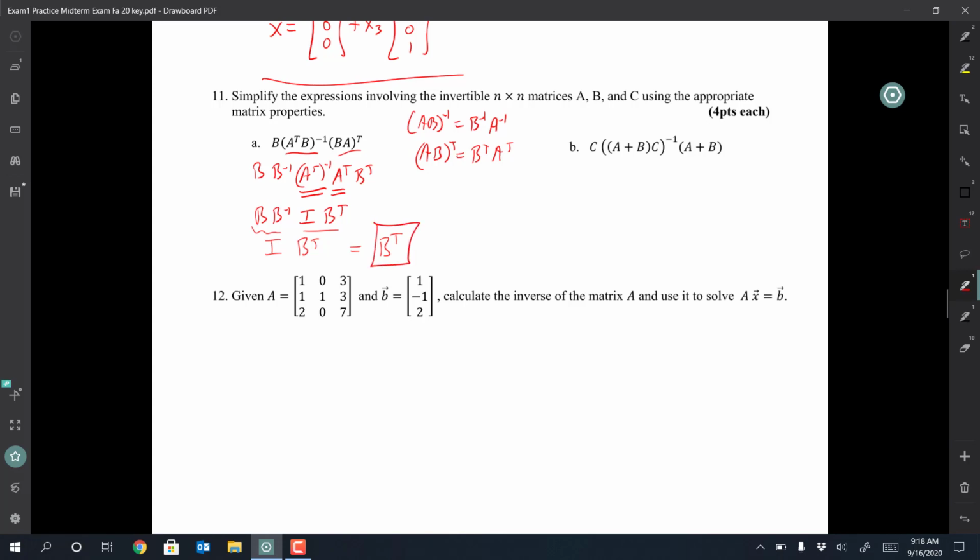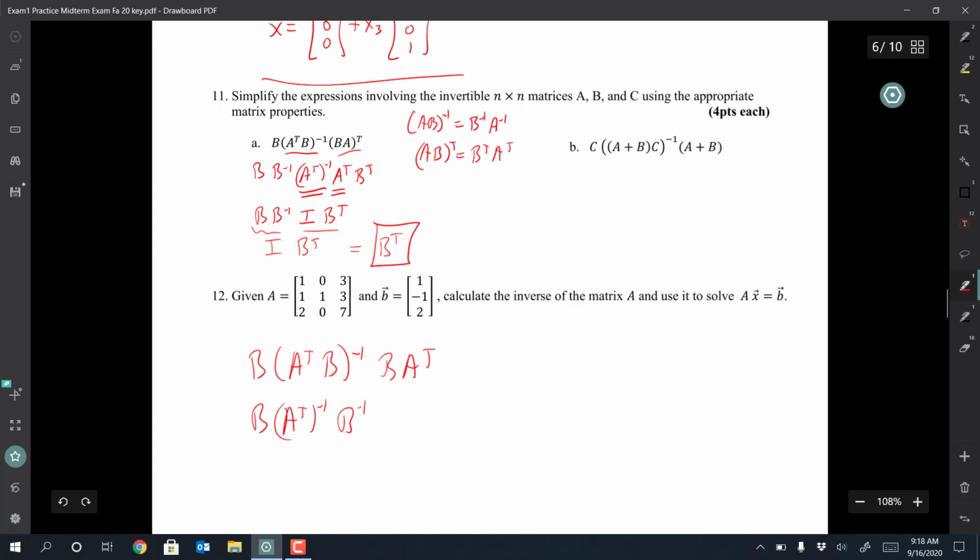Please note that even though this is the correct answer, there are many incorrect ways to get there. It's not uncommon for me to see a student who writes down the expression like this. They improperly, 100% incorrectly, distribute both the transpose and the inverse, which is not acceptable.